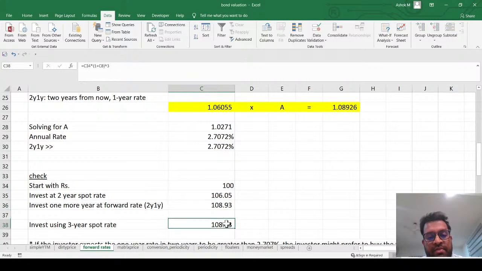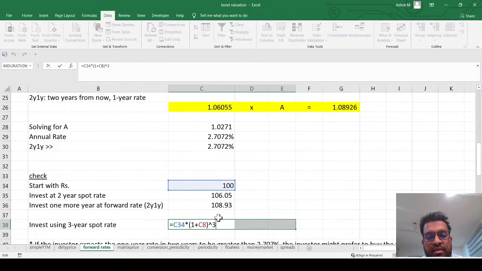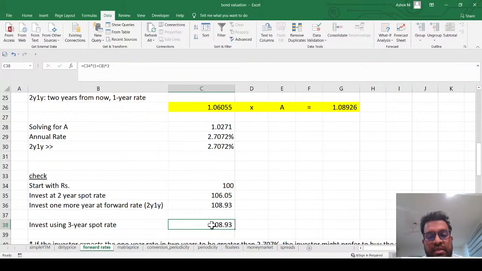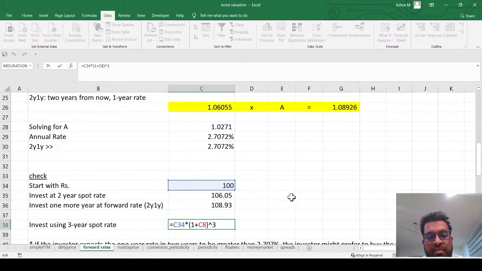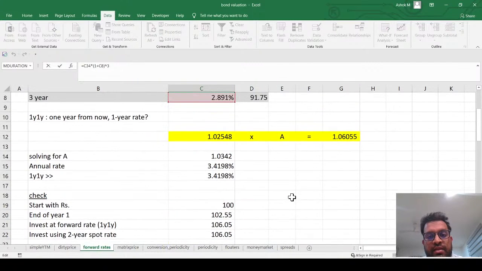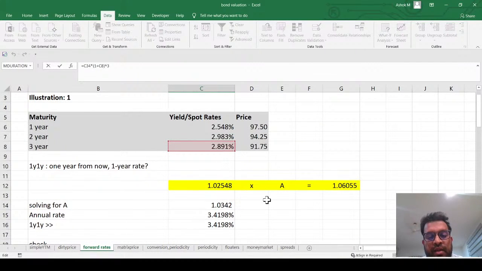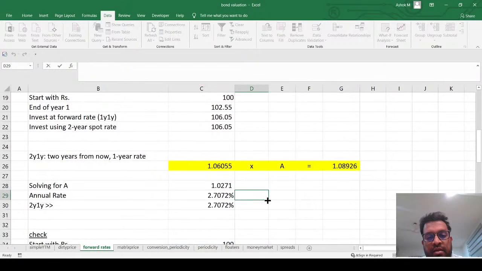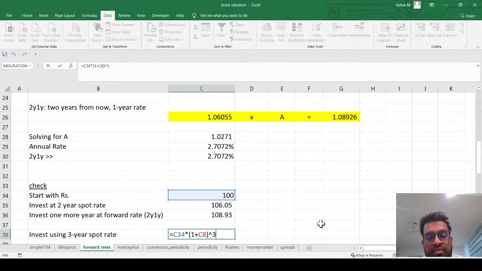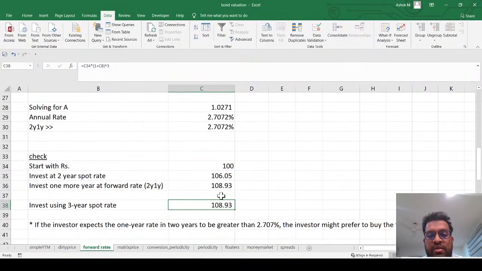Instead, if you had invested at the spot rate, 100 multiplied by 1 plus C8, that is our spot rate 2.89 for 3 years. For 3 years, if you invest, you end up with the same figure.